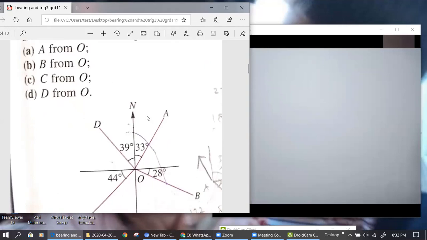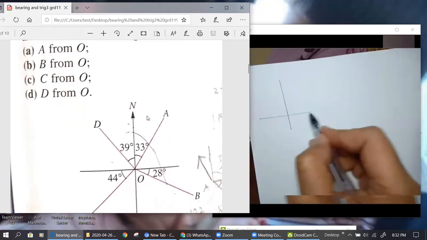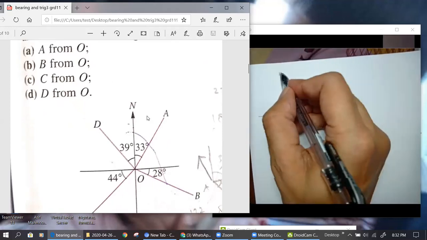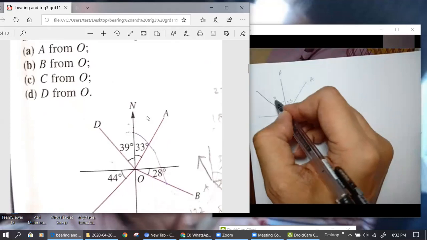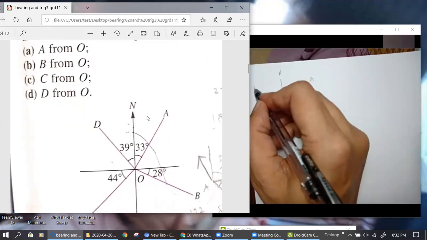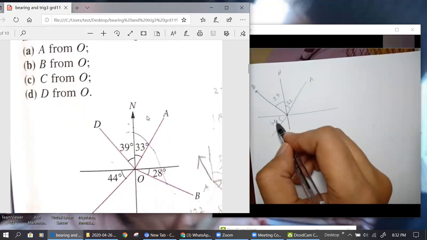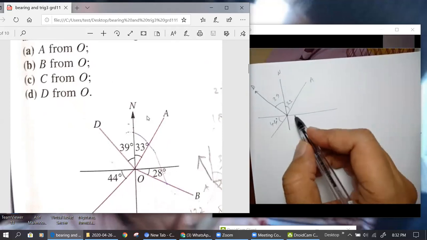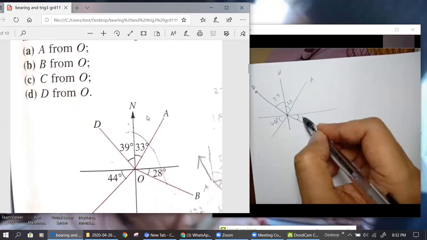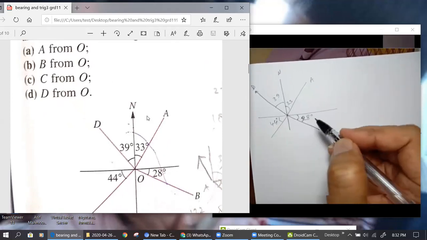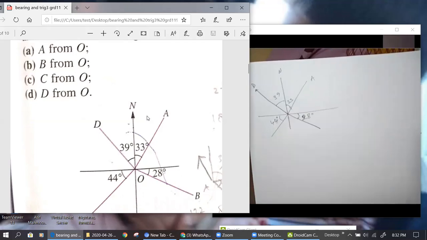This is north, east, west, and this one is 33, and A north, and over here this is 39, and this one is D, and this is 44. You have to recognize in this, as I told you in the beginning, how to recognize the bearing. So whatever they ask, this is only given, right?